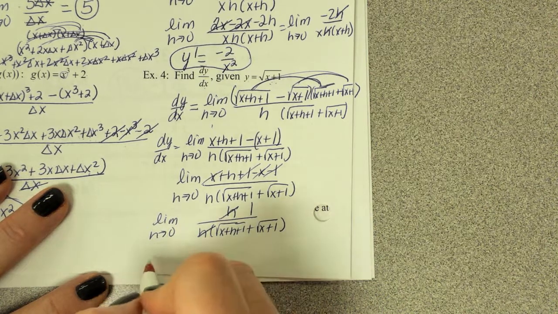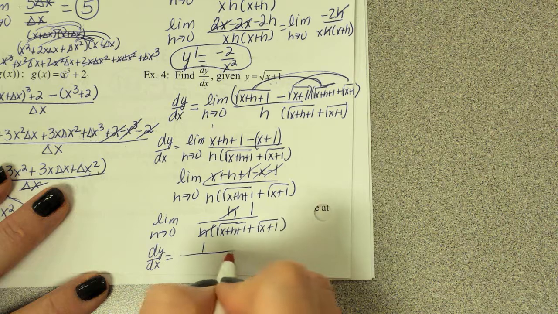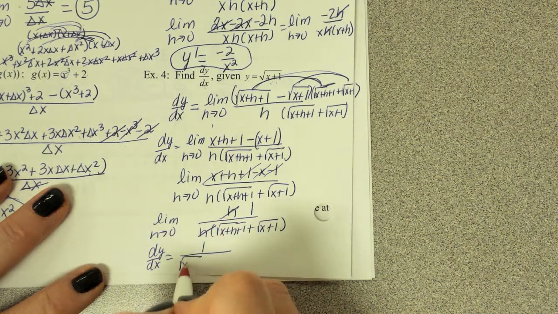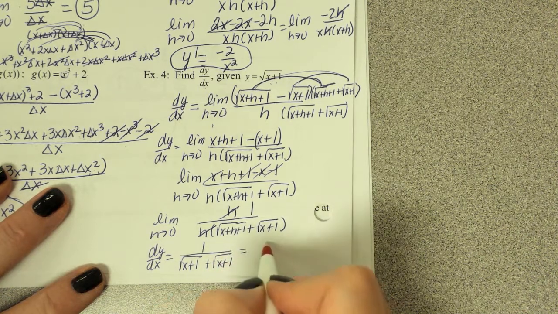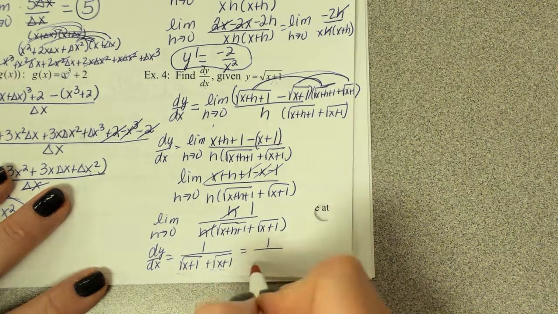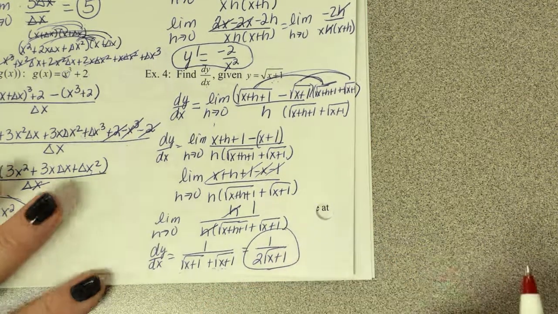So now we're just going to have this derivative, dy dx, is equal to 1 over, if I plug in 0 here, radical x plus 1 plus radical x plus 1. So I'm going to have 1 over, and if I have radical x plus 1 plus radical x plus 1, what are we going to end up with? Chris, do you know? Good job. And that's going to be that derivative.